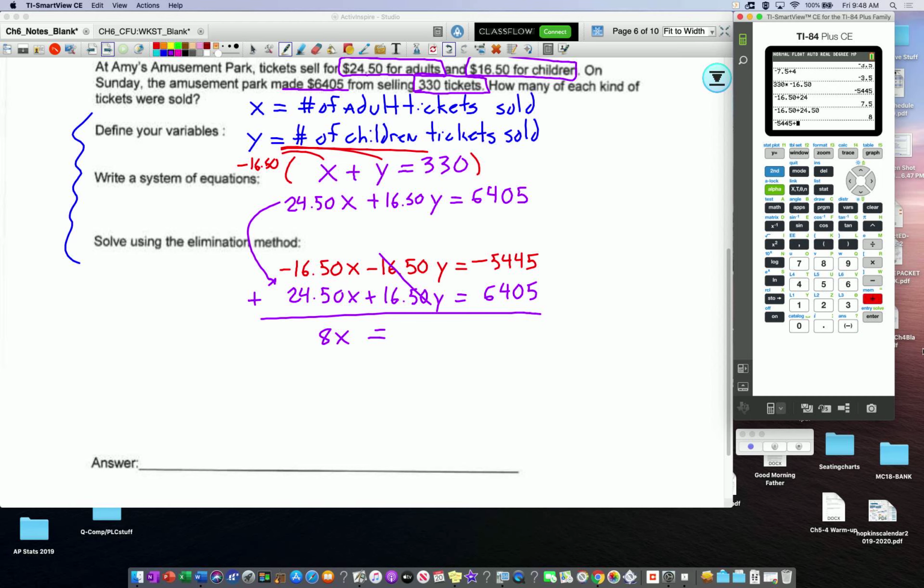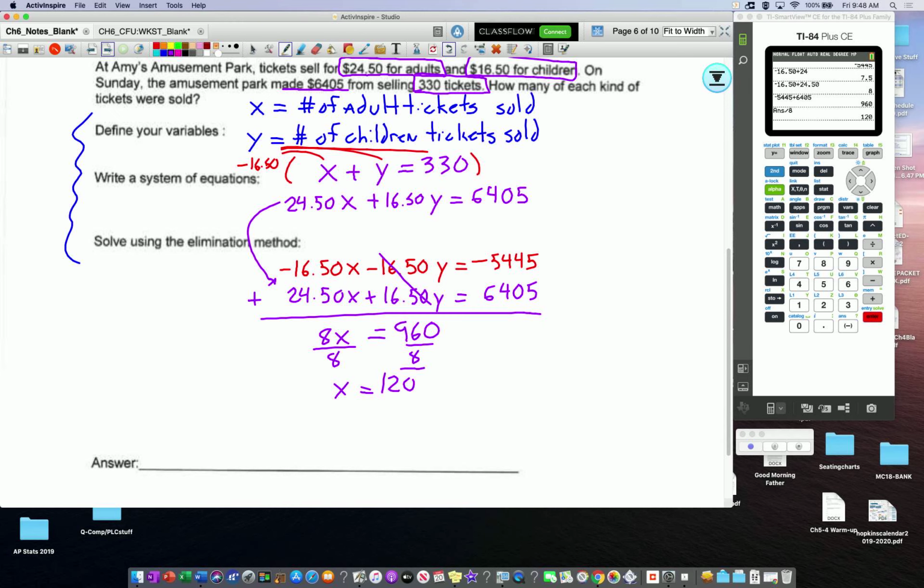Equals negative 5445 plus 6405, which is 960. Divide by 800, and x equals 120. So we sold 120 adult tickets. Now I have to solve for y, to figure out the number of children tickets we sold.